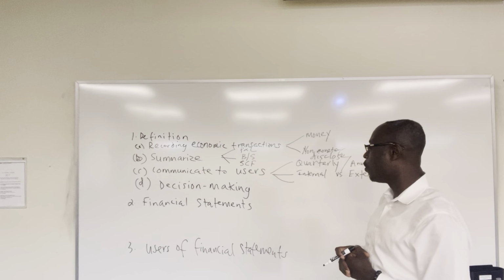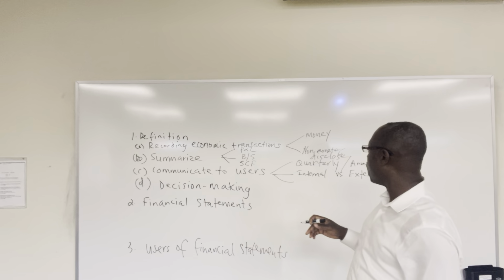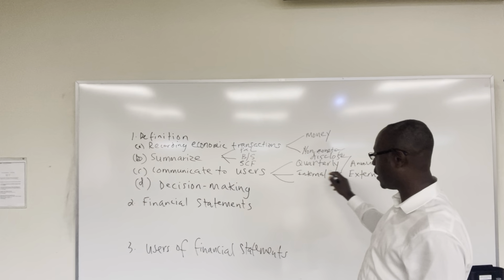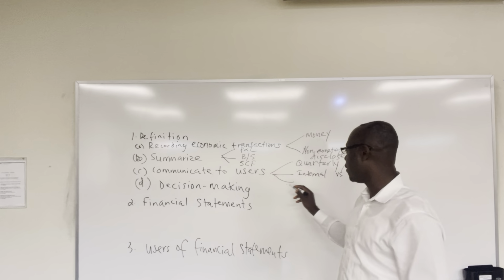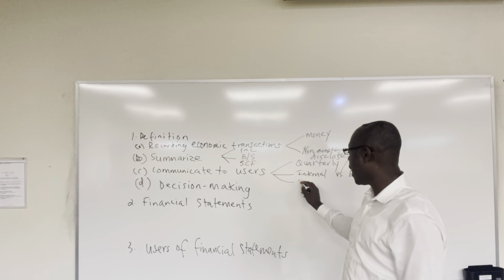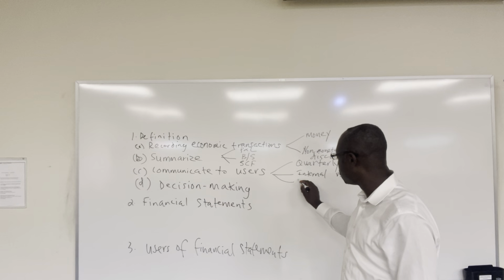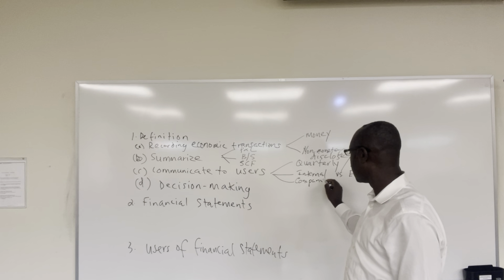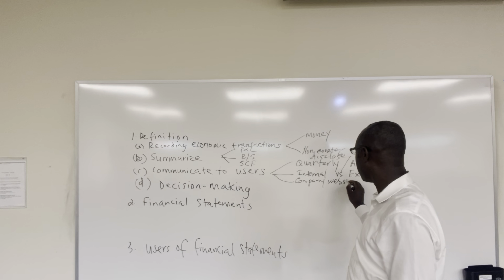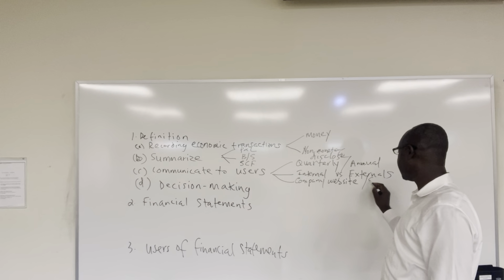And then we will also make sure when these people get this information, after we communicate the information to the users, I mean, how do we communicate that? You can do it on the company's website, or you can do it on the SEC website.